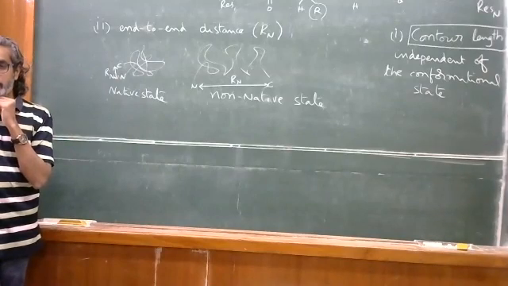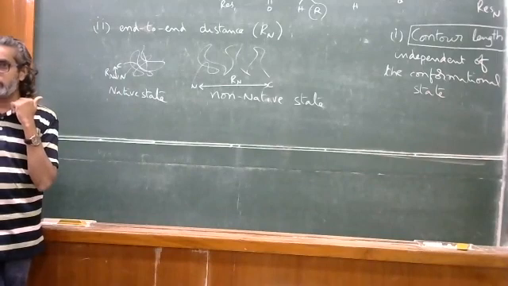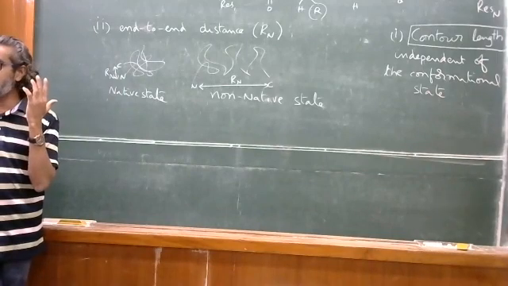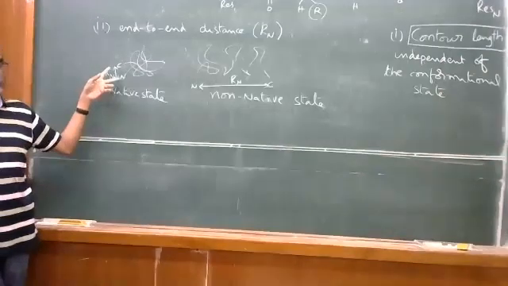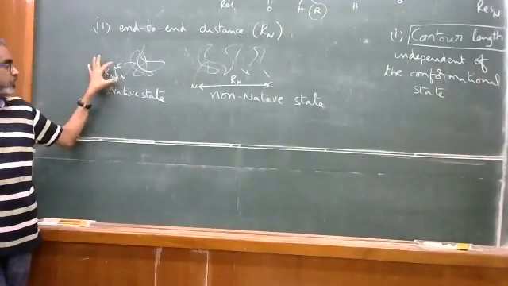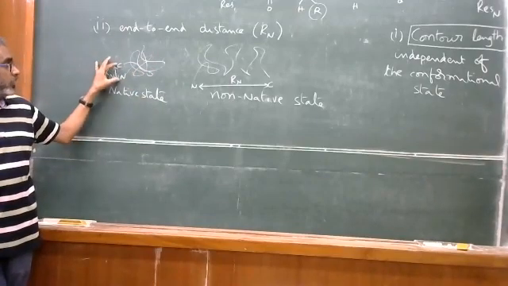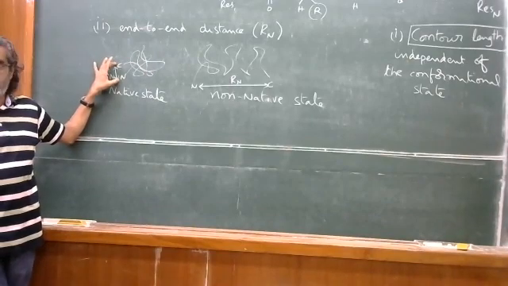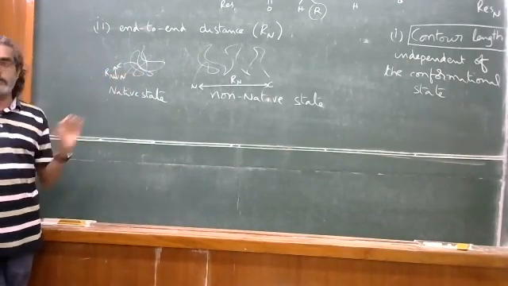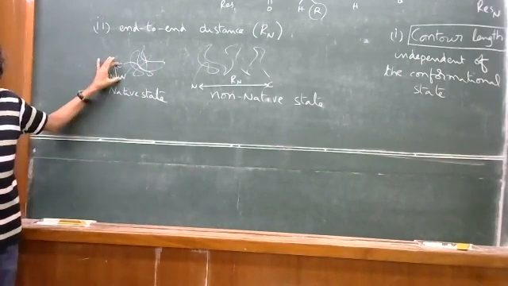Any technique which gives you structure will give you this value. If you have a structure solved by X-ray diffraction, you directly have all the atomic coordinates, and you can get the end-to-end distance. If you have an NMR structure, you can calculate it. Basically, for proteins which have a defined structure, if the structure is available, looking at it directly will give you the end-to-end distance.